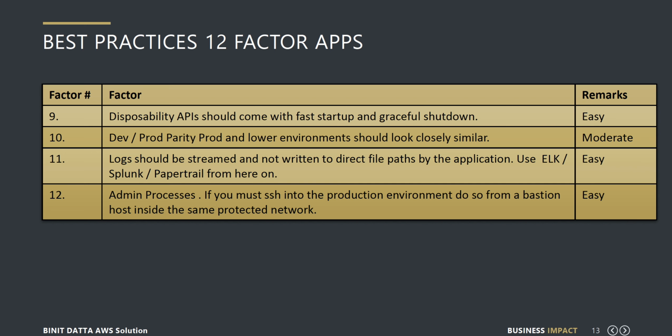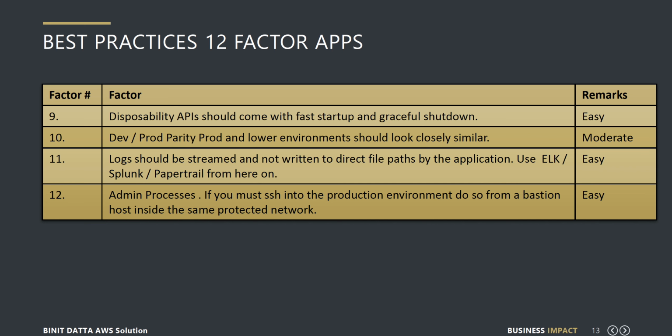So ELK, Splunk and Papertrail are all these services. If you are writing to a stream, just a stream, not a file, ELK, Elasticsearch in detail, Splunk or Papertrail and other log services are capable of taking that from the stream and storing it in their storage, right?